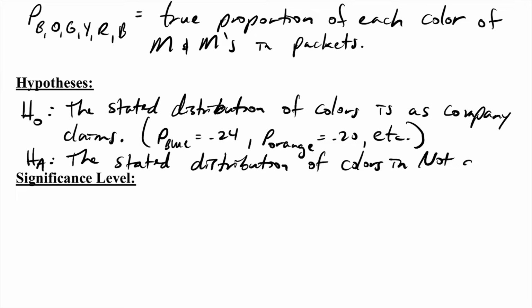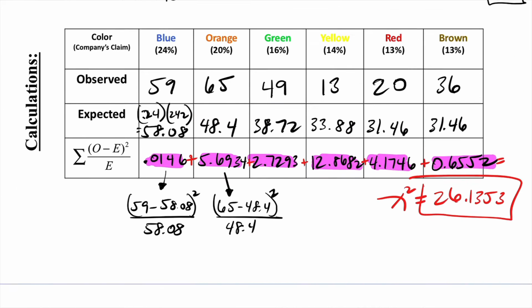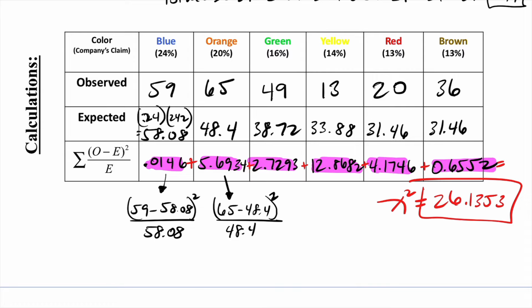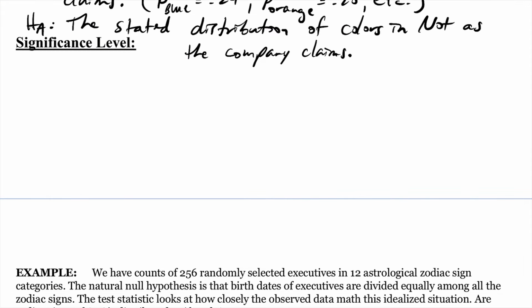We don't care which one's off. I don't really care if the blue is off or the orange or the green or the yellow or the red or brown. I'm just saying one of them's off, because if one is off, another one has to be off to fill in for it.